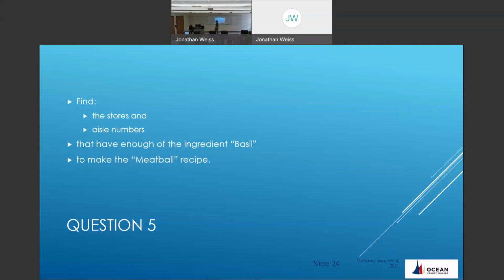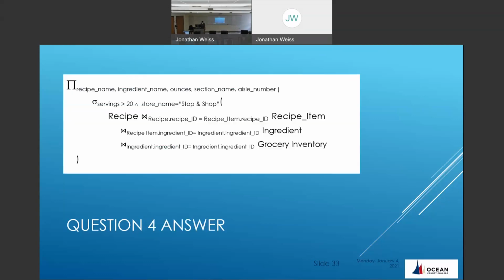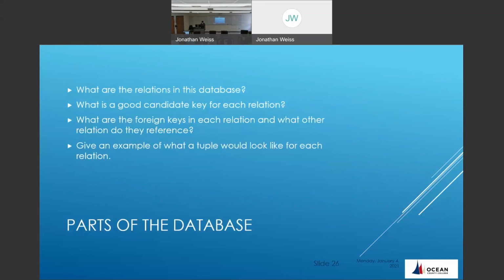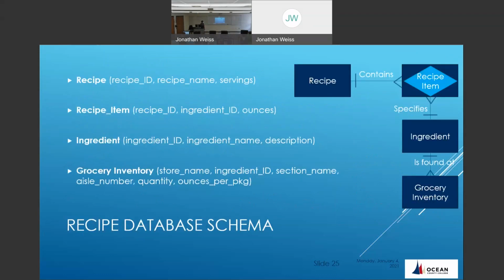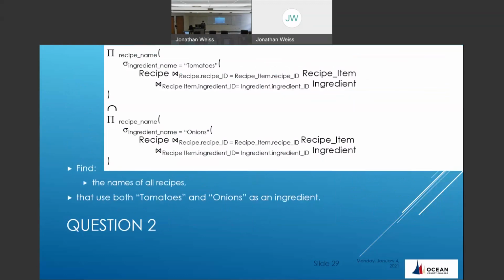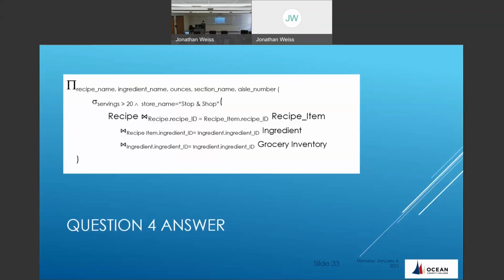But for the purpose of this exercise, we only have one. Our diagram is simple. There's only one line between each of these two boxes. So we only have one set of things that we can join these things on, and that's what we do for this question number 5.